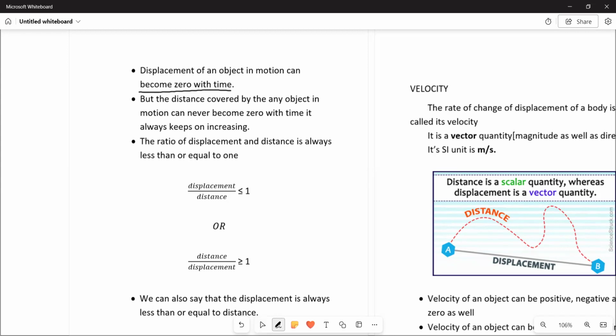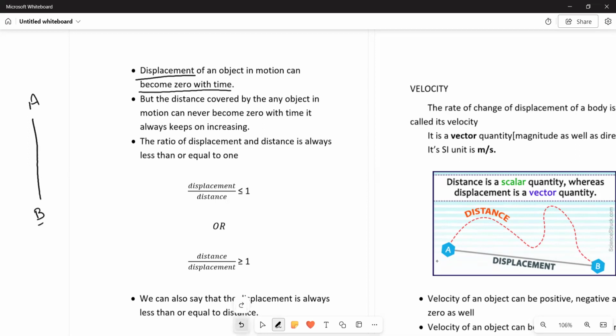But what about the displacement? Displacement can become zero with time. So see how the displacement can become zero. Say you started your journey from point A, you went out to point B over here, and you are done with the work which you are supposed to do at point B, and now you start your journey again back to point A, and your final position is equal to your initial position.